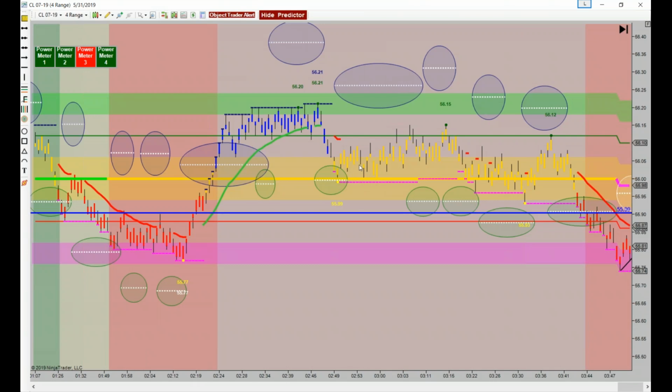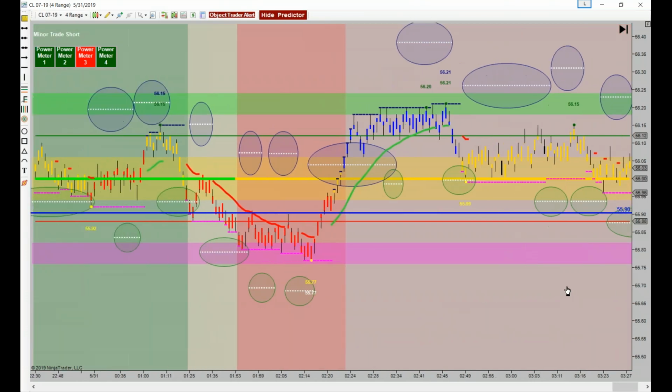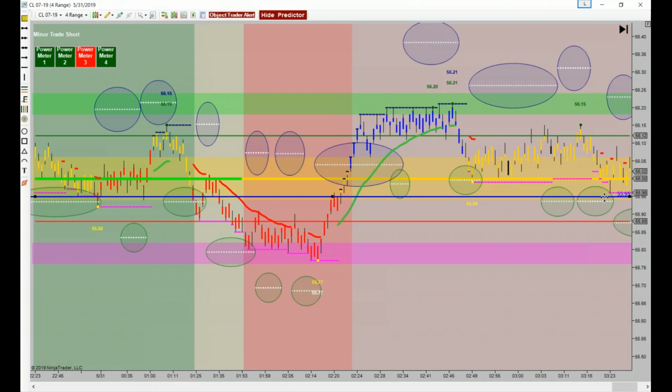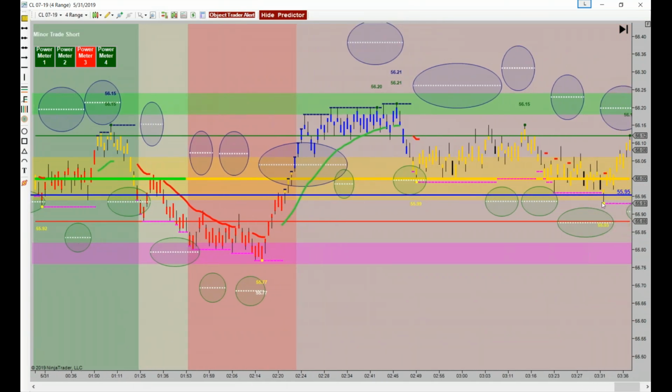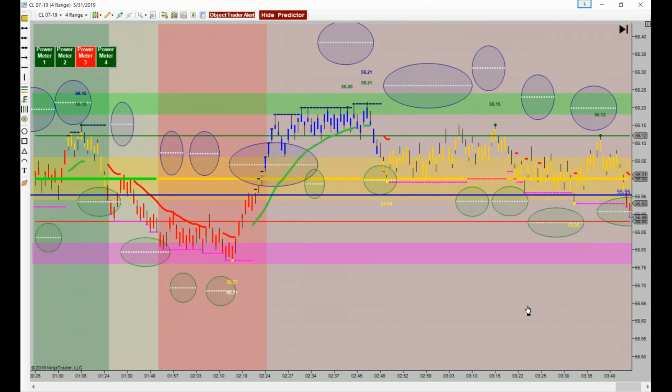So you made $100. This one here, if you got this one, you more than likely didn't get stopped out, even if you used your stop underneath, like we teach, with the close of a bar. And you got your 10 ticks there also.